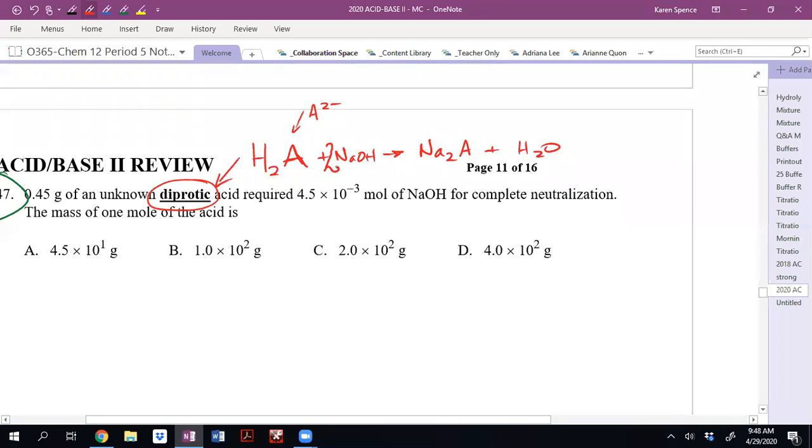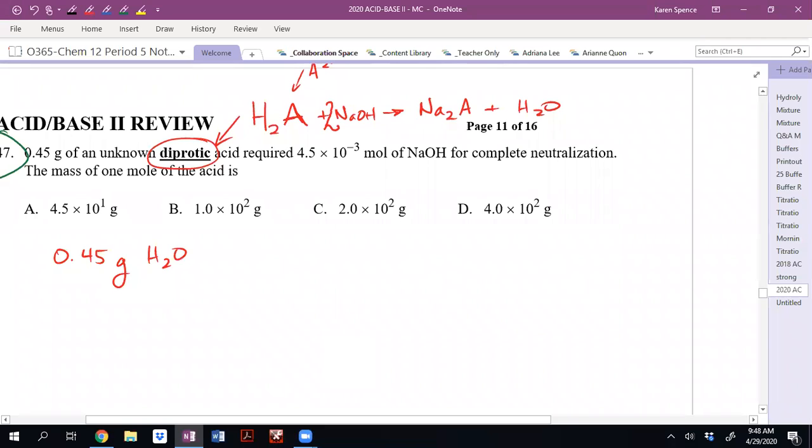Okay. And 0.45 grams of H2A is required. Oh, it required 4.5 times 10 to the negative 3 moles of NaOH. Did I write H2O and H2A?